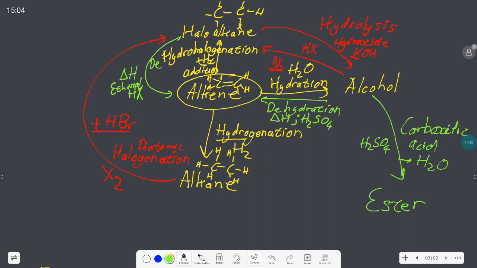Then the last one that we get is known as cracking. Now you will see cracking does not form part of the entire cycle, for one specific reason. I get two types of cracking. I get thermal and I get something that is known as catalytic.